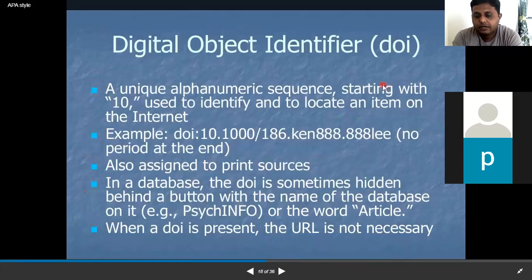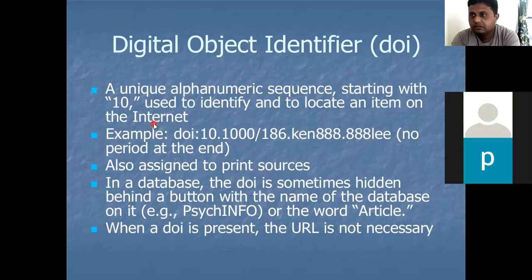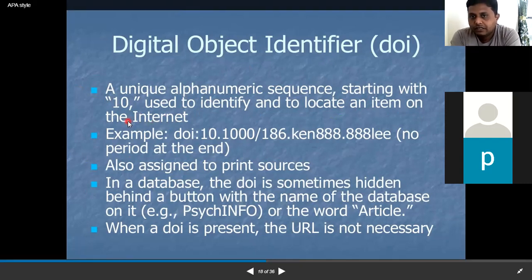If you concentrate on DOI, that is digital object identifier, what does DOI mean? It's nothing but a unique alphanumeric sequence starting with 10, used to identify and locate an item on the internet. So if we are taking some material from the internet, the DOI is nothing but the address. With the help of the DOI, we can go directly to the source.